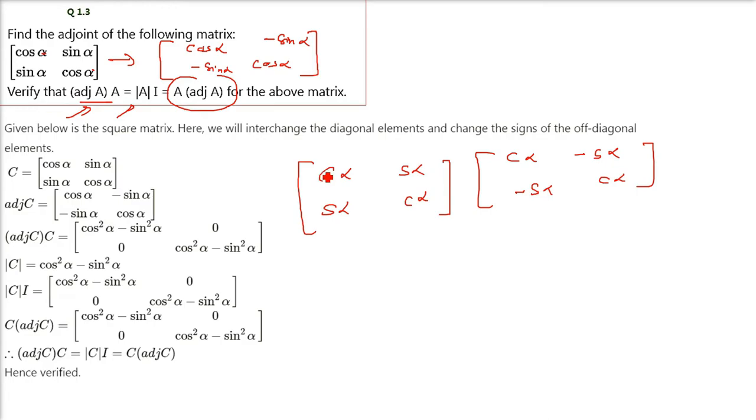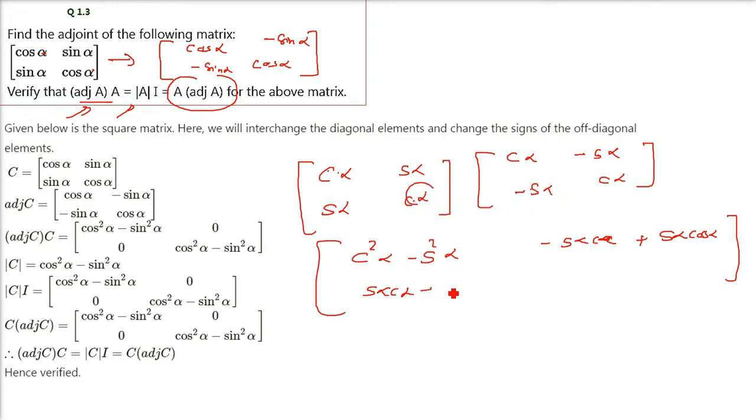Okay. Multiply cos alpha is cos square alpha. This is minus sin square alpha. Then we have cos alpha minus sin alpha is minus sin alpha cos alpha. And then we have sin alpha cos alpha plus sin alpha cos alpha. Okay. Now second row, first column, sin alpha cos alpha and minus sin alpha cos alpha, minus sin alpha cos alpha.